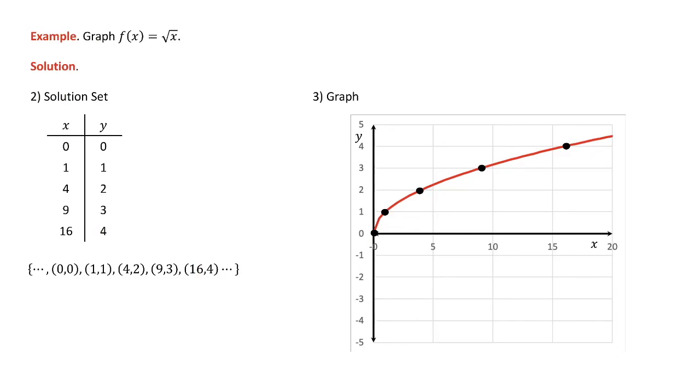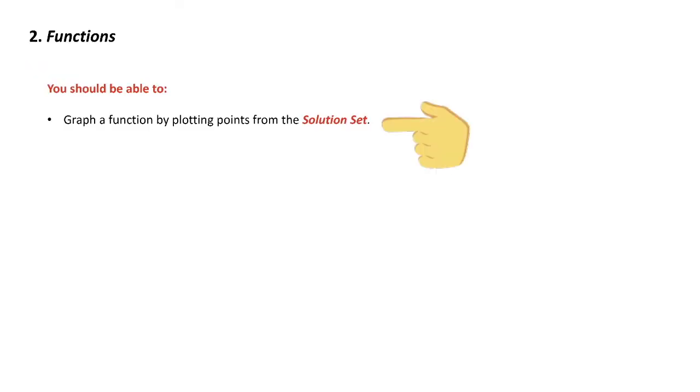But notice I had converted the function into an equation, and then I had to understand what the equation means, what a square root means. So what should you come out of this section being able to do? You should be able to graph a function by plotting points from the solution set. Now, this is not an ideal scenario, plotting 5 points or 7 points, or even many with your calculator.